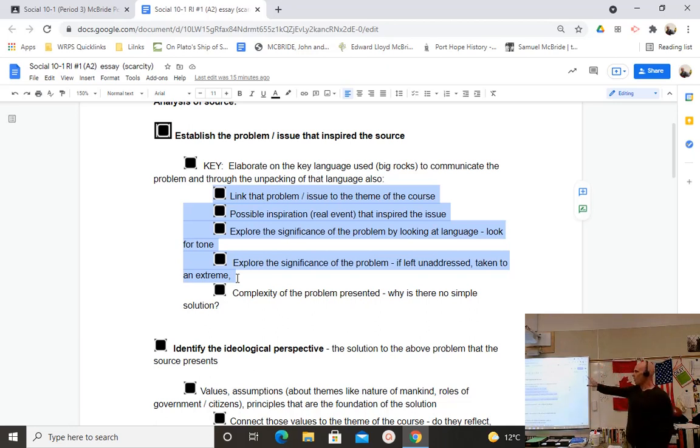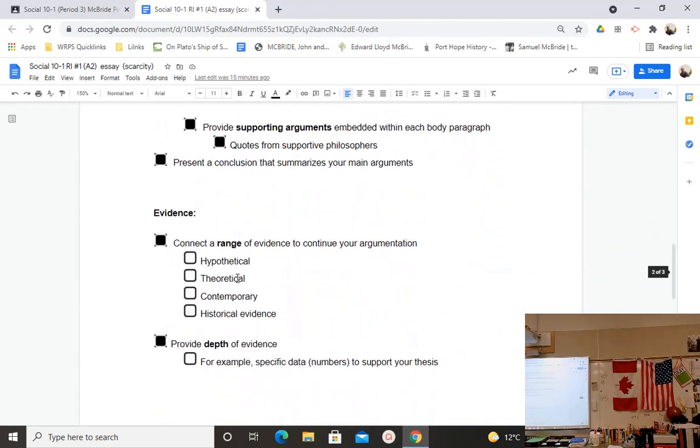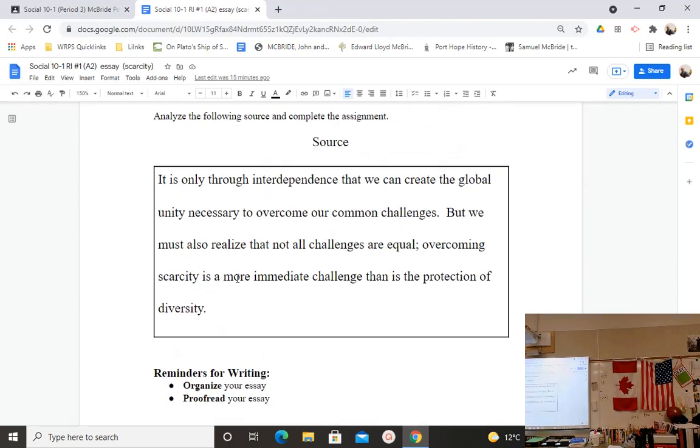Can we check off this part of the assignment? We found a problem, some possible inspirations. We looked at the key language to identify the problem and the tone. Well, we never talked about tone. Let's see if we can see any tone. If I said that there's a word in there that shows me that there's an urgent tone, that the urgency is attached to one of the words, which is the word?